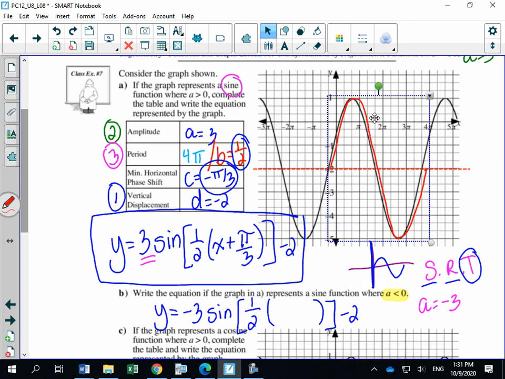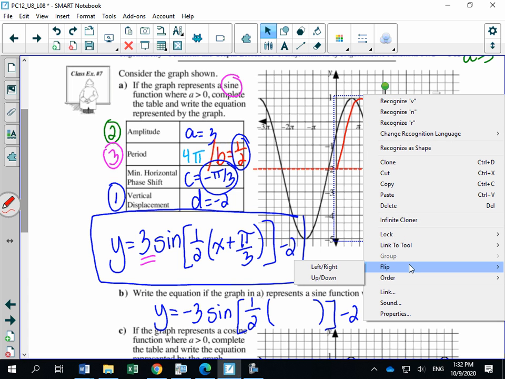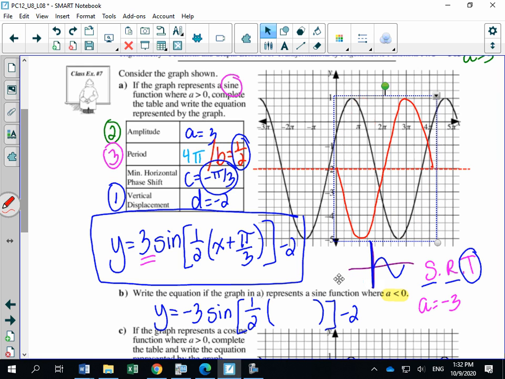I'm going to move this to here. So after the stretch, this is what my graph would have looked like. Okay, what I need to do is reflect this. So you need to imagine all of these points reflected in your x-axis. So I'm going to take this and I'm going to flip this. This would be my new graph.